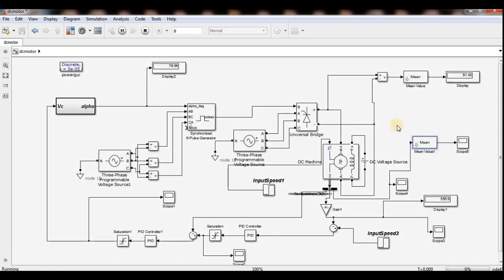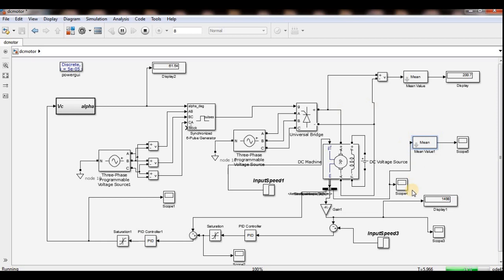See, again I am running. From this circuit we can say that the speed is independently controlled with respect to the torque, and vice versa. I can maintain the constant torque by changing the different values of the speeds, and I can maintain the constant speed with respect to the torque, because I am regulating the required alpha from my desired speed.